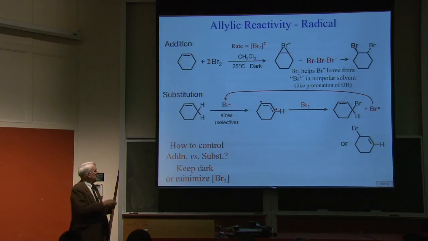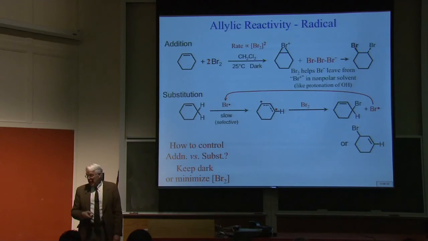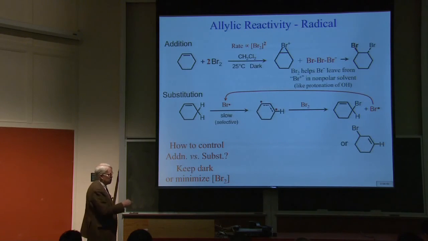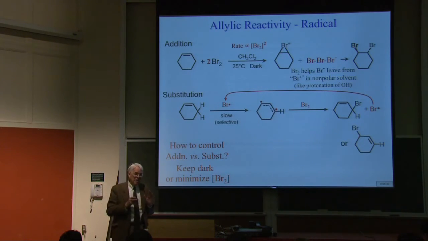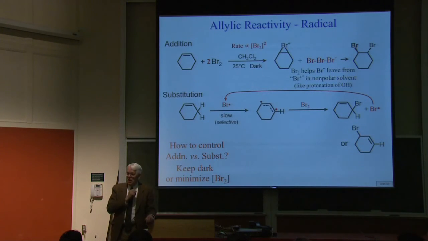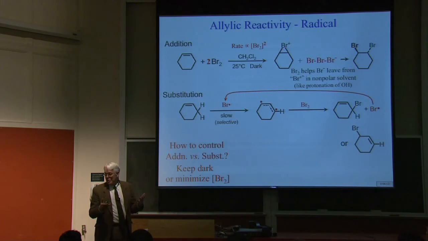Remember, the first step of this is endothermic and slow, but that step is really fast. So we can tolerate a low concentration of Br2 for this purpose, but how are you going to do it? Suppose you put in just a teeny amount of Br2. This starts in, but quickly you've exhausted the Br2, and now the radical chain stops.